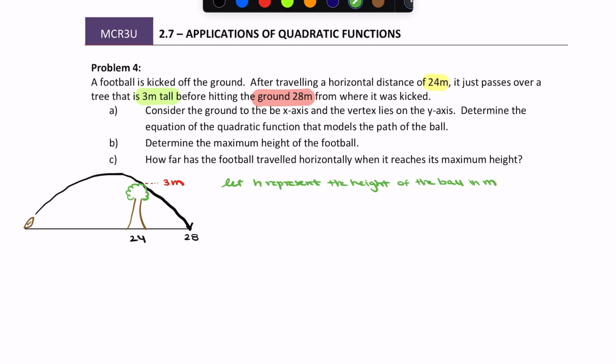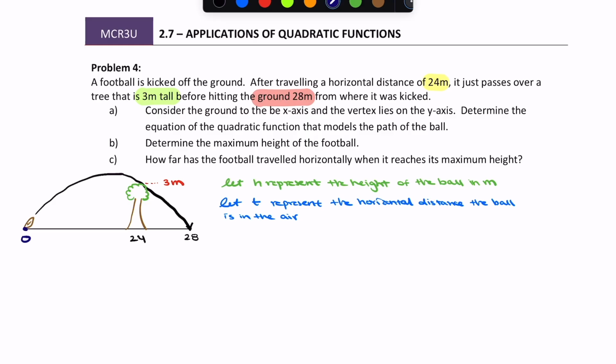We're going to let d represent the horizontal distance the ball is in the air. Okay, so here we know that it starts at 0.